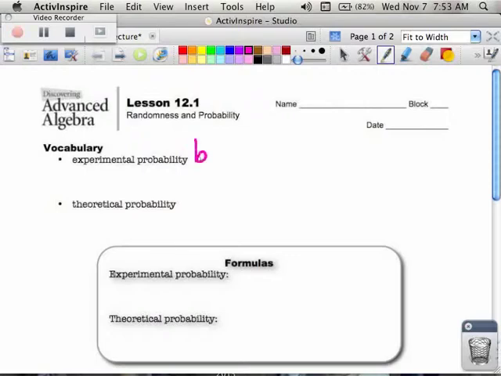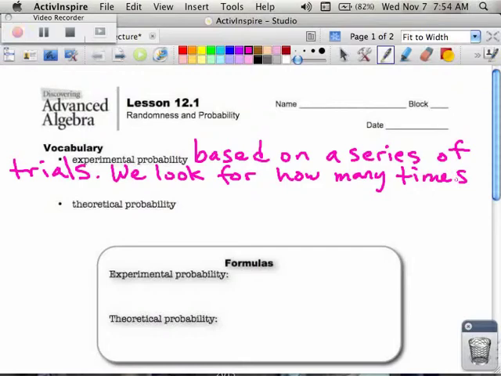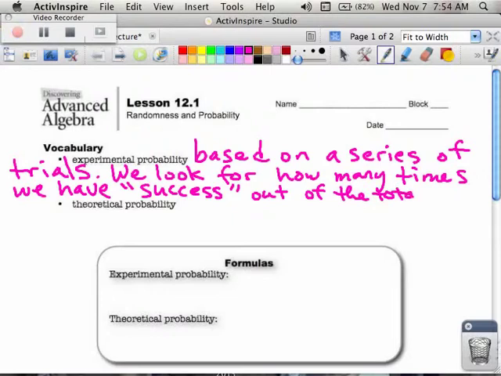This probability is based on a series of trials, and we look for how many times we have a success, and we'll talk more about what that means, out of the total number of trials.